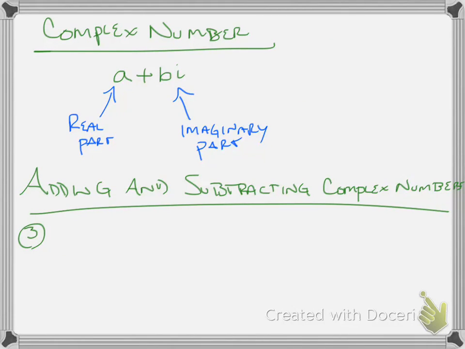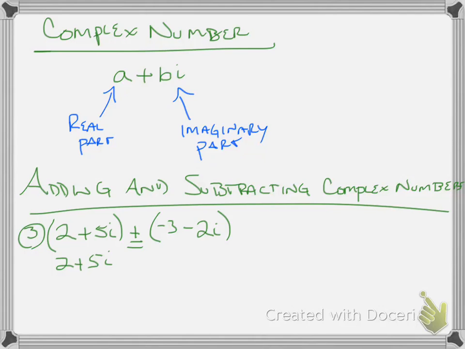When we're adding and subtracting complex numbers, you're going to use the same rules that you would when adding and subtracting expressions with variables. So if I have 2 plus 5i, and I'm adding that with -3 minus 2i, first I like to get them outside of the parentheses, so this is 2 plus 5i.